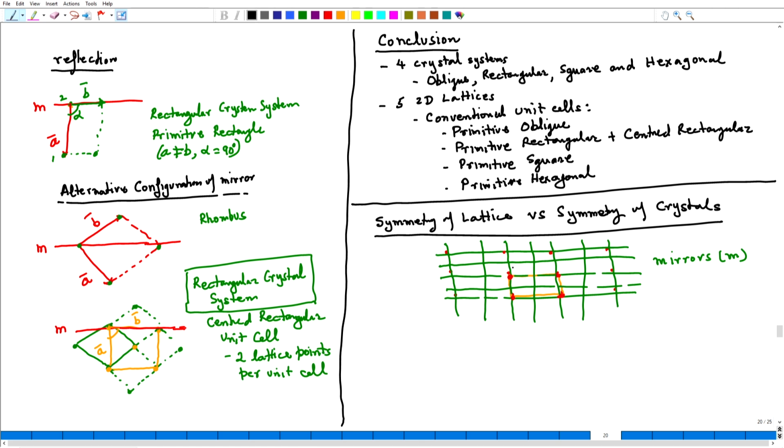It also has twofold rotational symmetry at all the lattice points, as well as in the centers of the edges of the unit cell, and also in the center of the unit cell itself. So, I have a lot of two-fold rotational symmetries, and this way you can actually draw them at other locations as well.